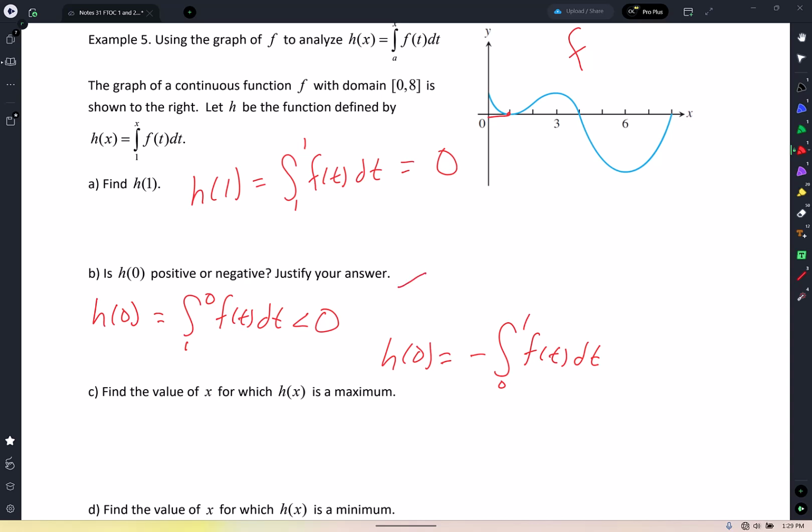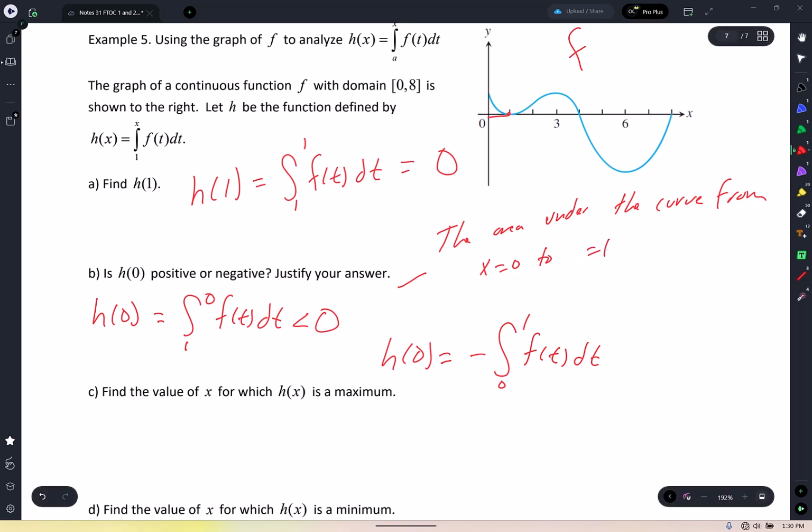the area under the curve of f of x from x equals 0 to x equals 1 is positive.